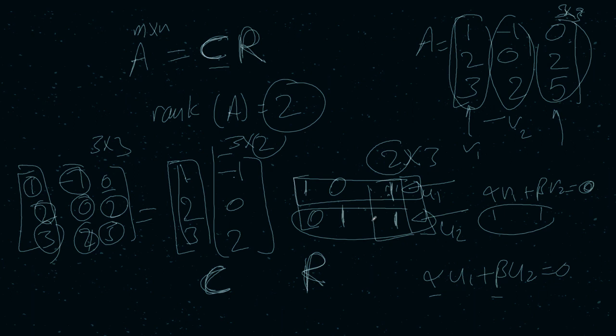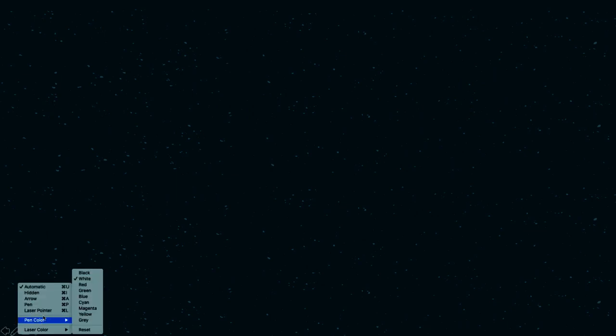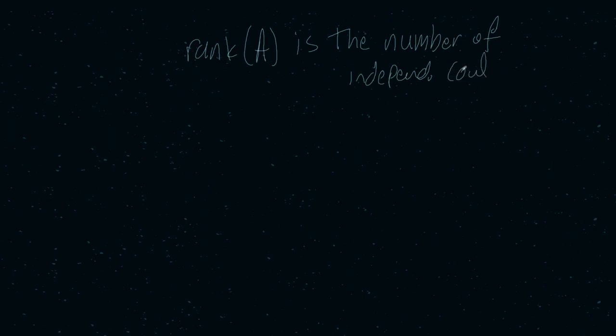What is the concept here? We come to a very important conclusion: the rank of any matrix A is the number of independent columns, and it is also the same as the number of independent rows in that matrix. I repeat it: the rank of any matrix A is the number of independent columns, and it is identical with the number of independent rows.